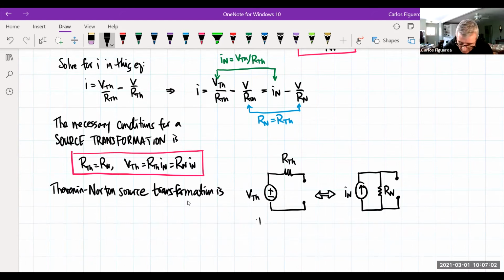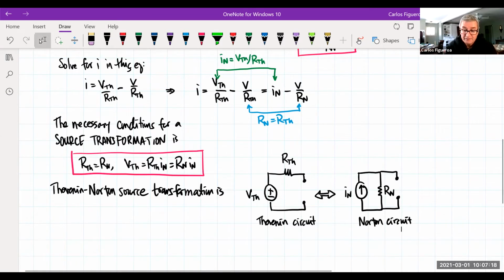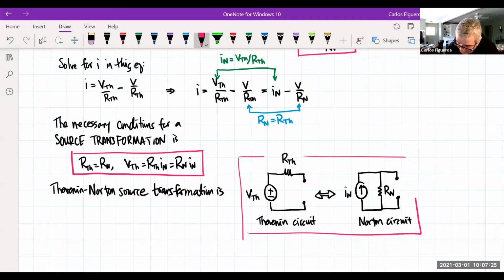This is what they call a Thevenin circuit, and this is a Norton circuit. That is the source transformation. With this source transformation, we can now apply this to circuits and be able to simplify our circuits.